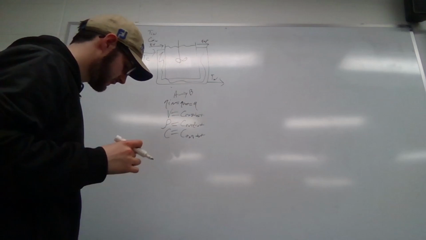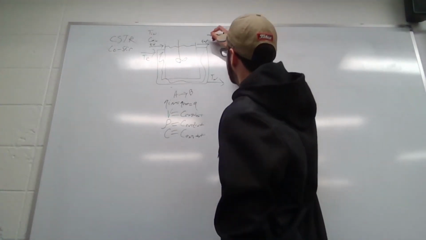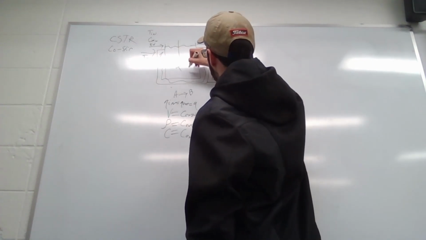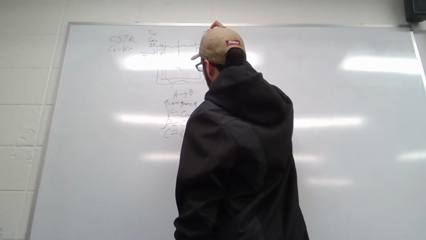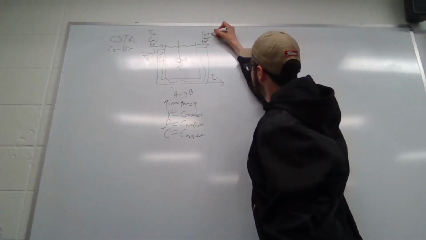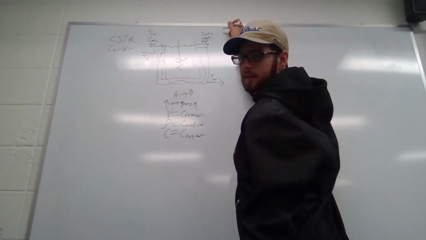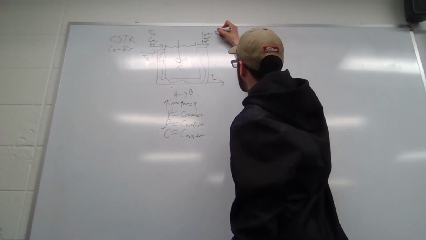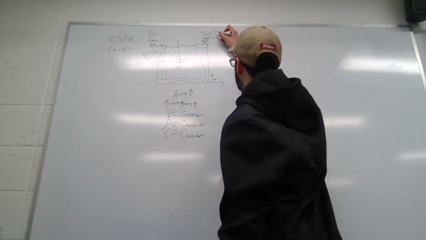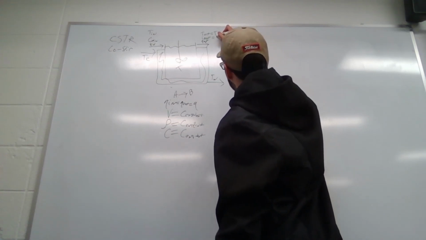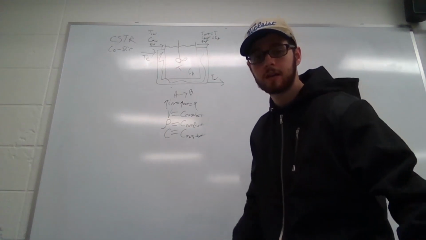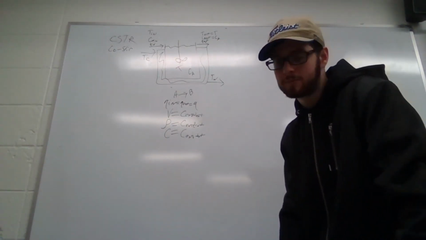We also have a CA out, a temperature inside the reactor, and a T out. The lovely thing is that since this is well stirred, T out is equal to the temperature in the tank, and the concentration out is equal to the concentration of A in the tank. That is very helpful.